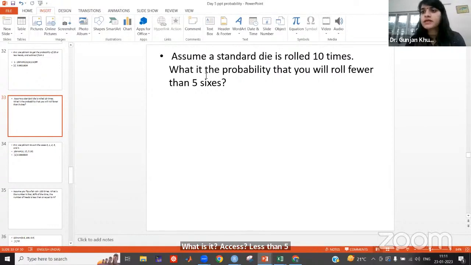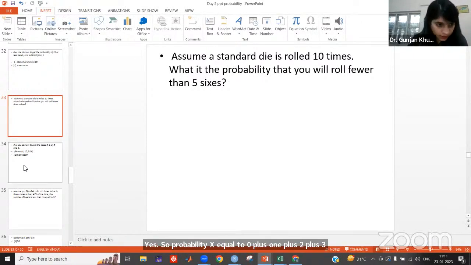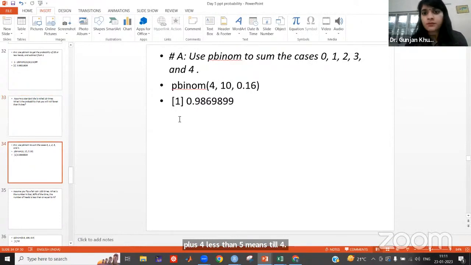So probability X equal to 0 plus 1 plus 2 plus 3 plus 4, less than 5 means till 4 you will do. So you will use P.Binom to sum the cases 0, 1, 2, 3, 4 and this is what you have to do.